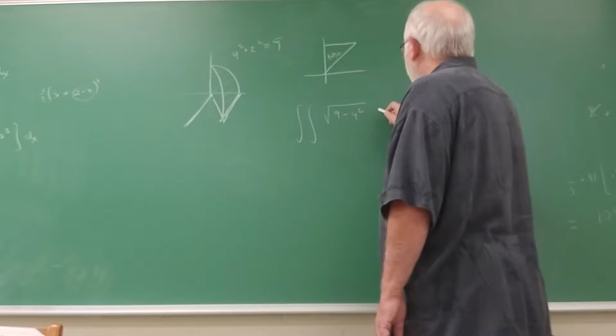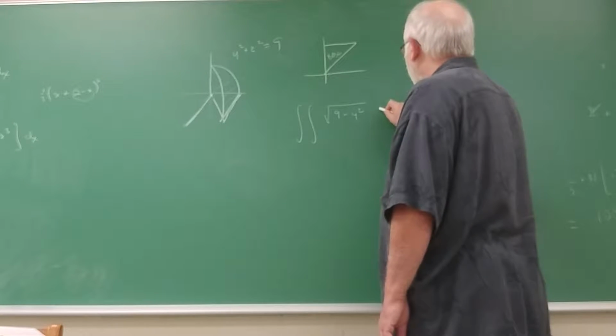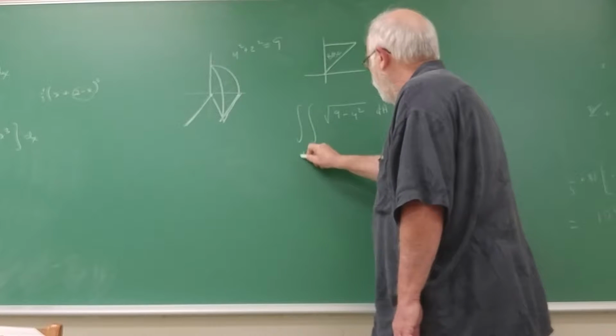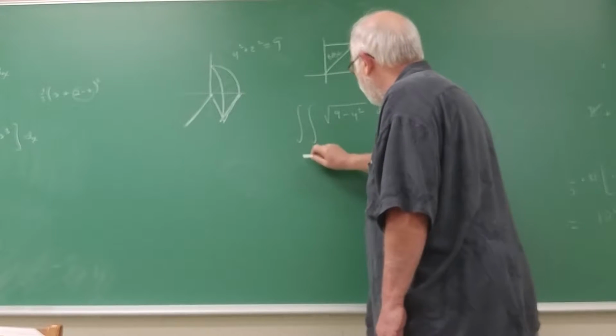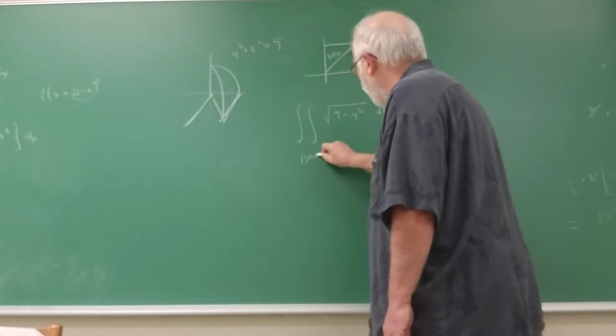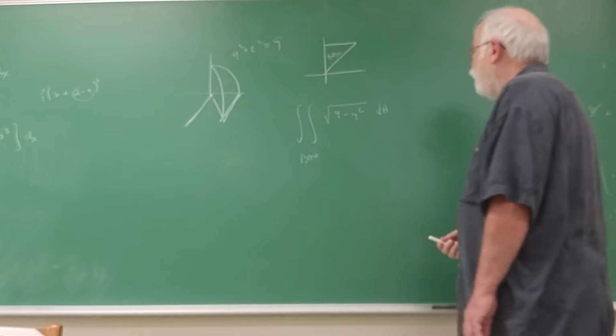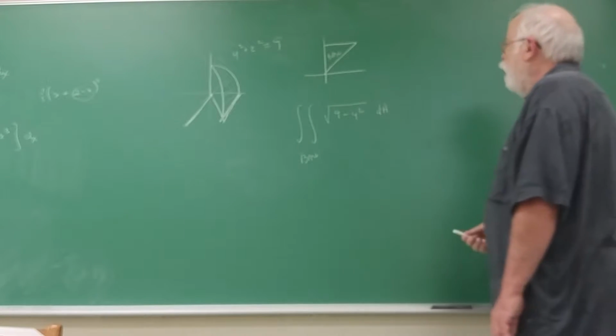And then we have to do our area form, T for triangle, or B for base, or whatever. And I have to decide dy dx or dx dy.